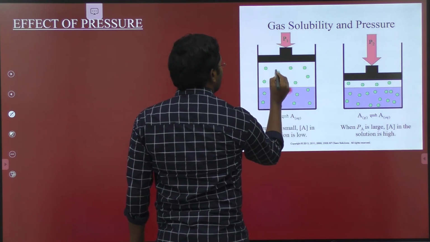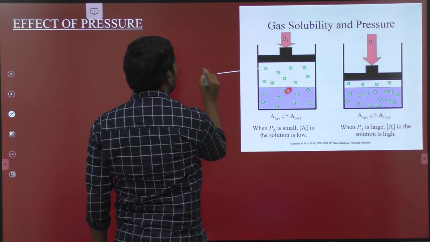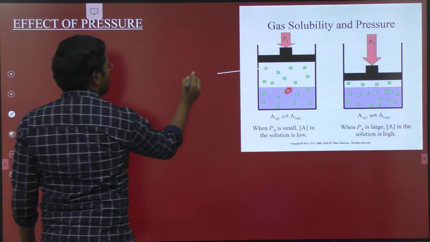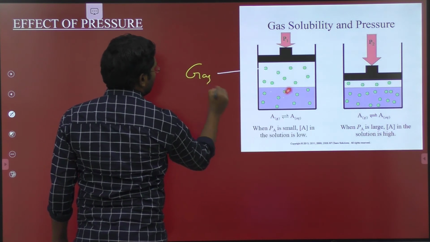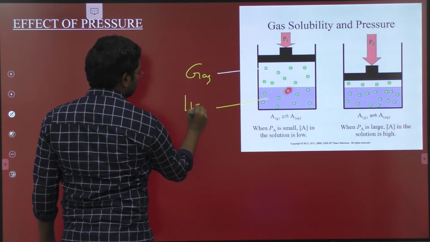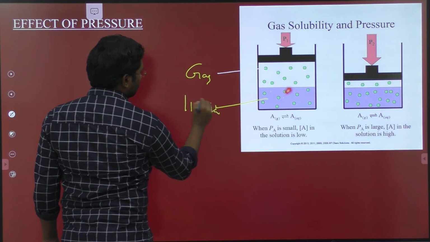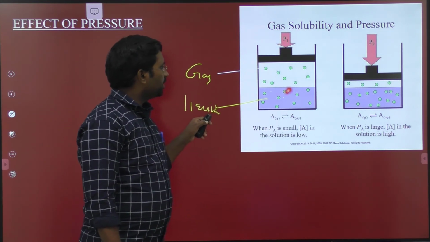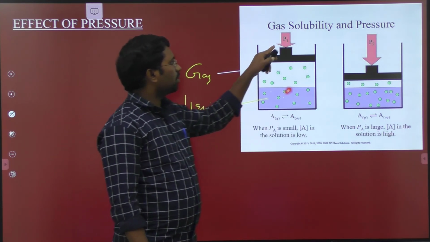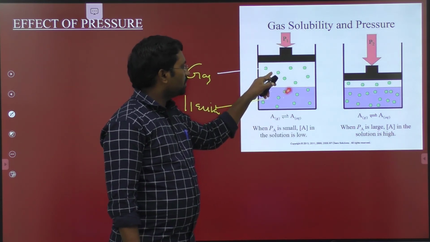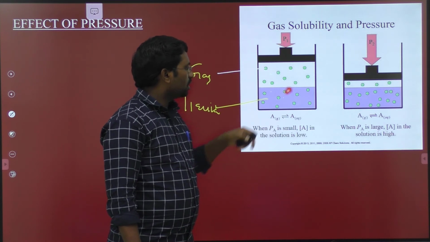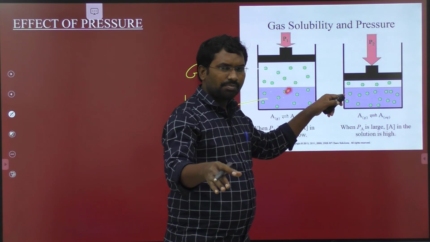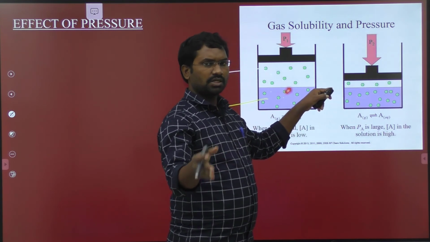These molecules are gaseous molecules and these are the liquid solution. When gas molecules are passing into the liquid and we apply pressure, in image one we apply pressure P1, and some of the gas molecules enter into the liquid solution. In image 2 we apply more pressure than P1, double the pressure, which indicates P2.